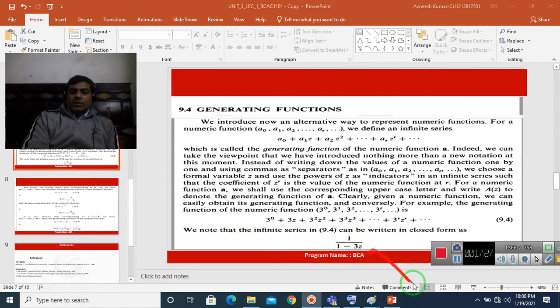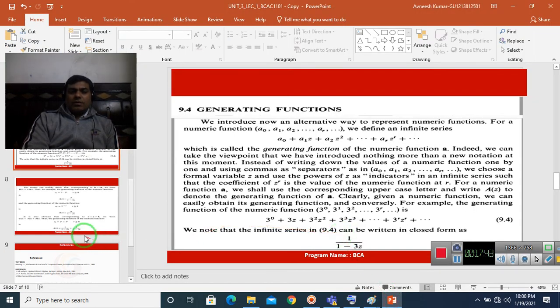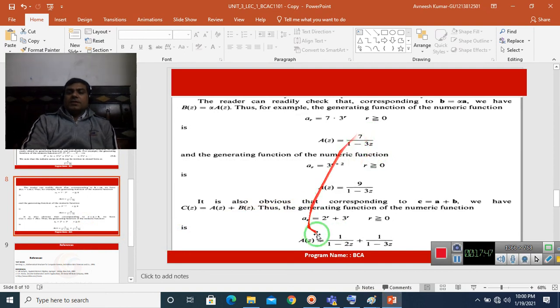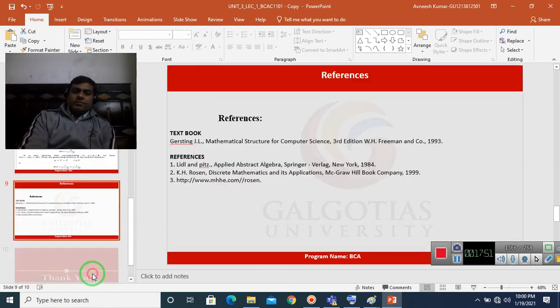Okay, so this is a similar series, so it becomes 7 upon 1 minus 3z. So here 7 upon 1 minus 3z. Similarly you can find this.